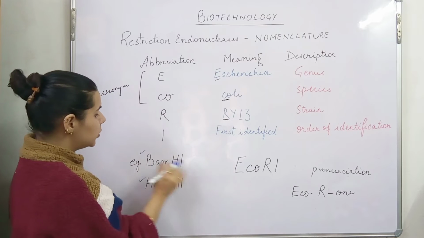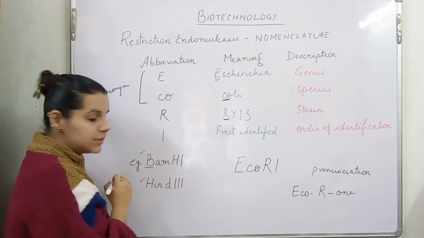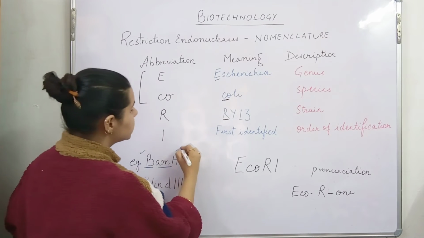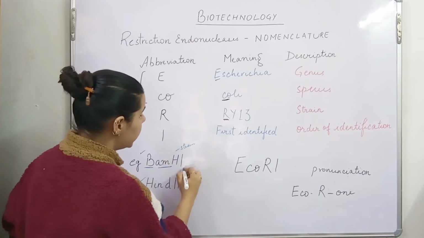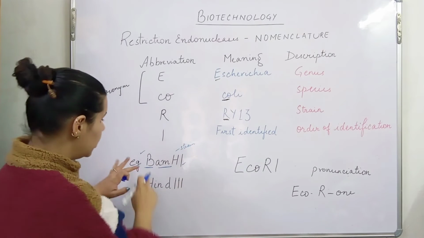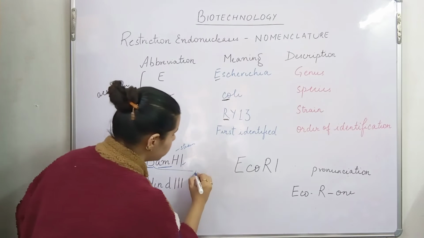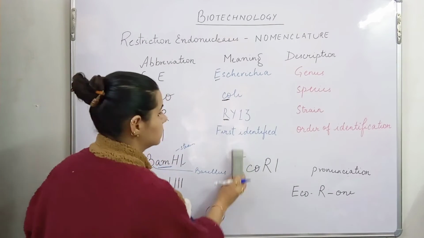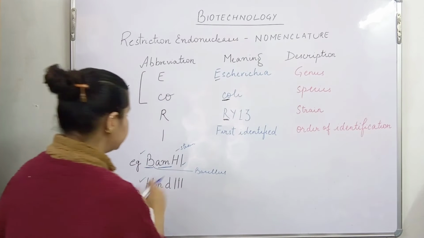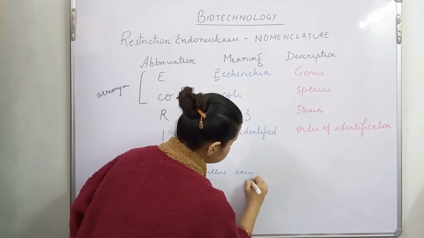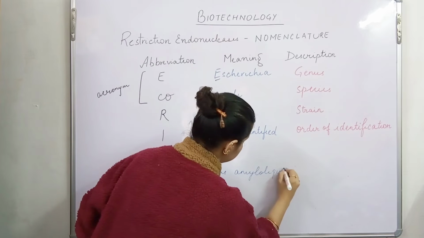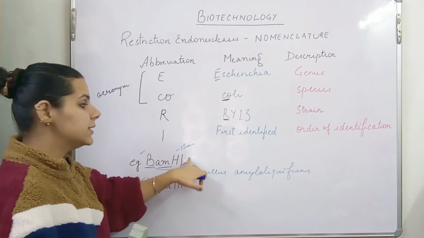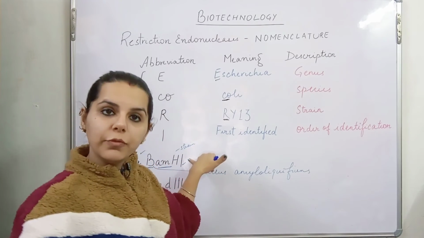In case of BamHI, B stands for Bacillus, am stands for amyloliquefaciens, H is the strain, and 1 is the order of identification of the enzyme.